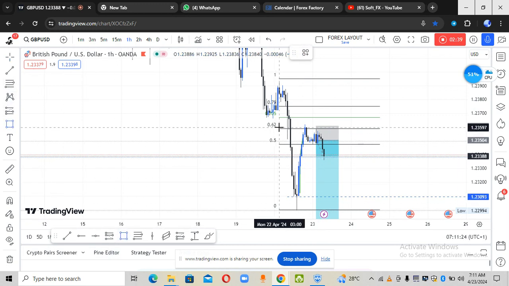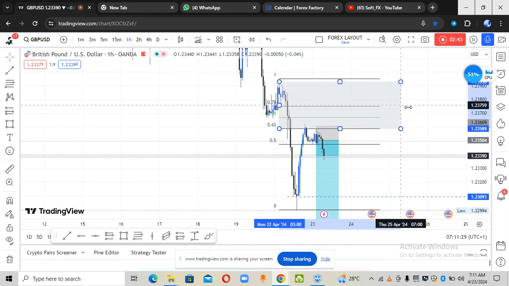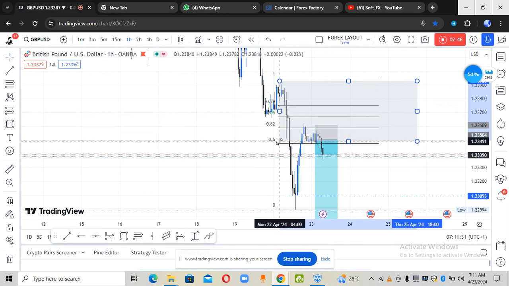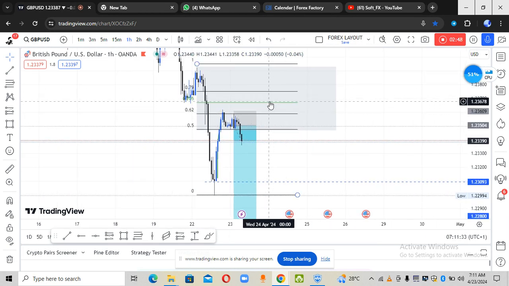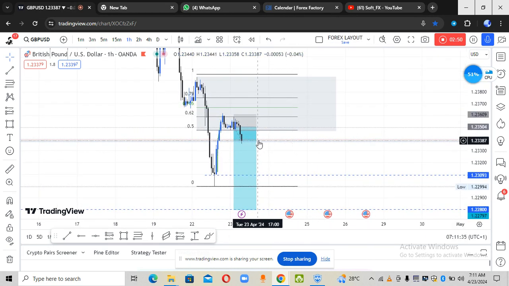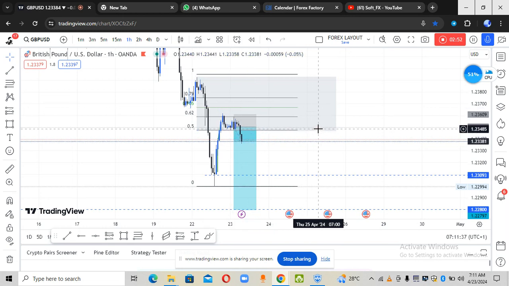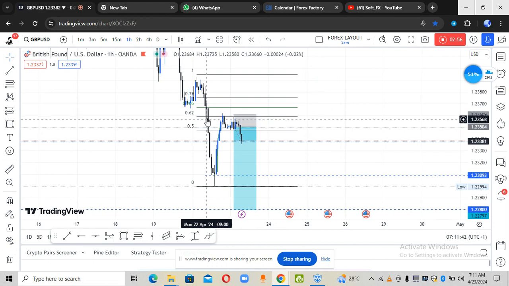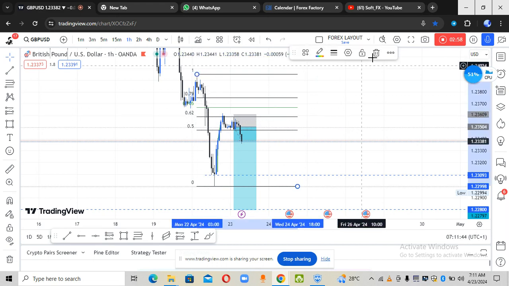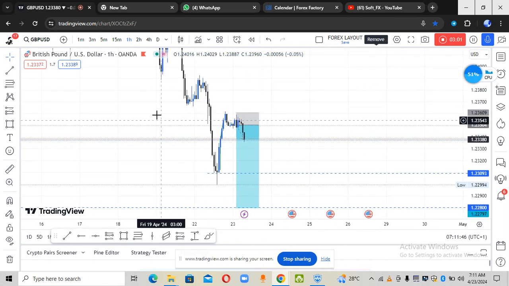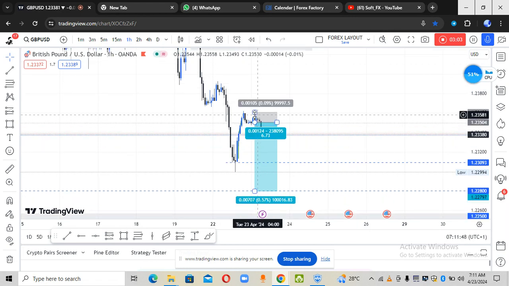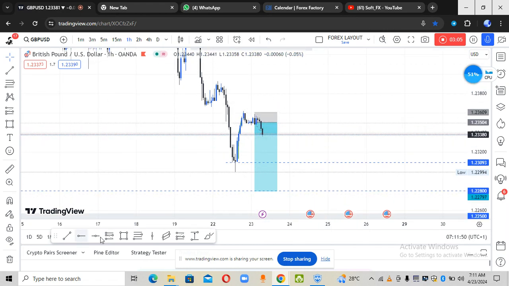This level right here is where I normally look for sell setups, which is the premium level. So selling from this premium level makes sense, and the fact that we touched this imbalance over here simply means that this was a very good sell position. So the stop loss is just above this.